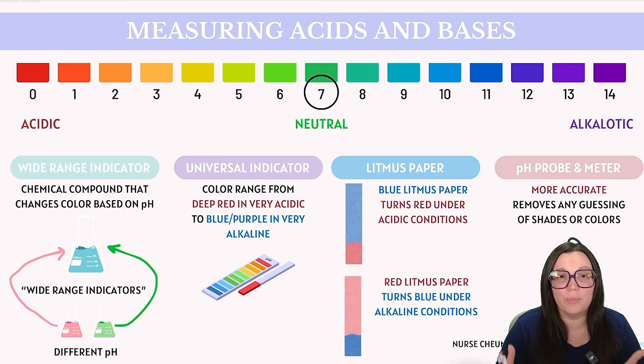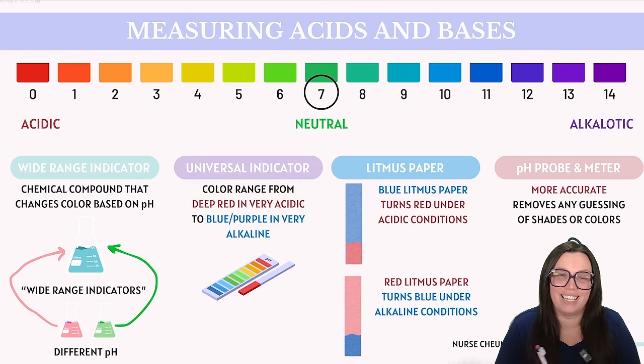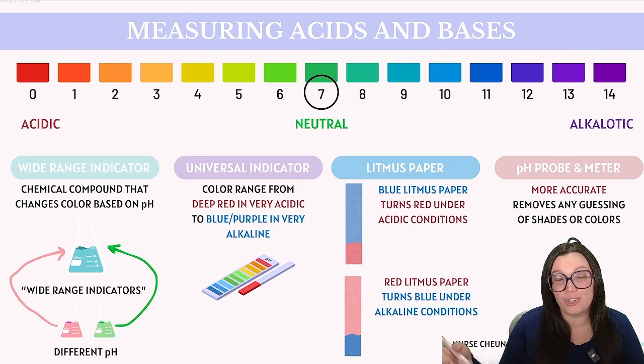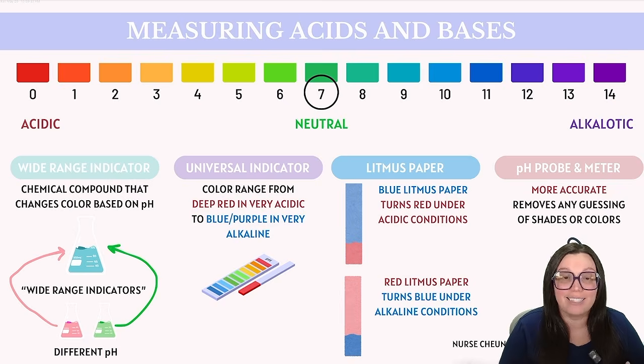Some indicators are composed of a mixture of dyes and are known as wide range indicators because they can gradually change color across a broad spectrum of pH values. A well-known example of a wide-range indicator is a universal indicator, which displays a color range from deep red in very acidic conditions to blue or purple in highly alkaline conditions.